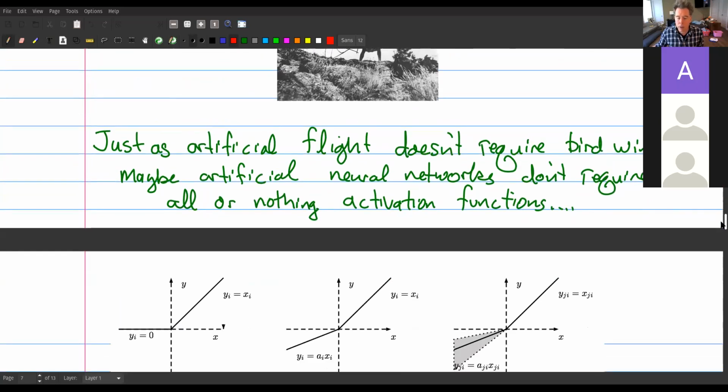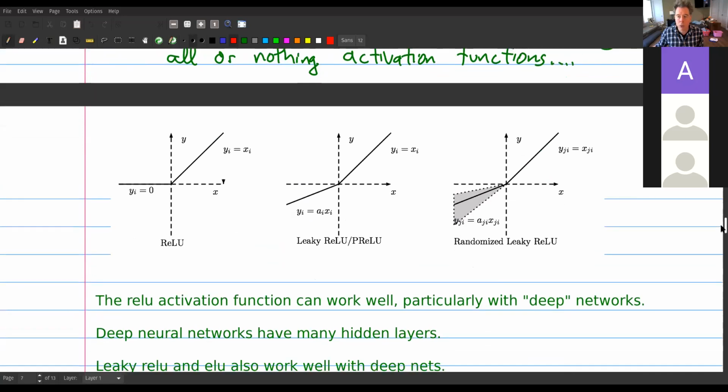Here are some other activation functions, which we will not use, but if you want to know more about them, you can read Hands-on Machine Learning with scikit-learn and TensorFlow. This one is called ReLU, which we've talked about before. In some sense, the perceptron learning algorithm is stochastic gradient descent with ReLU.